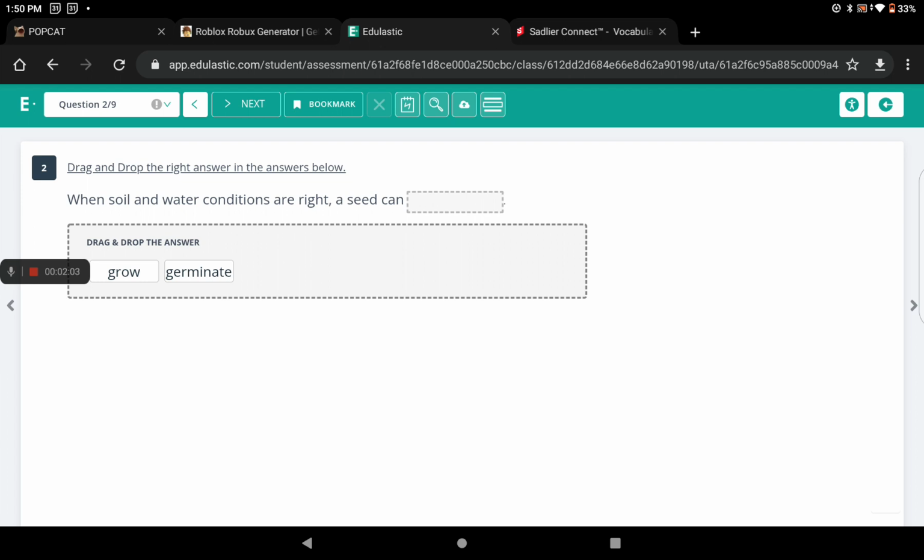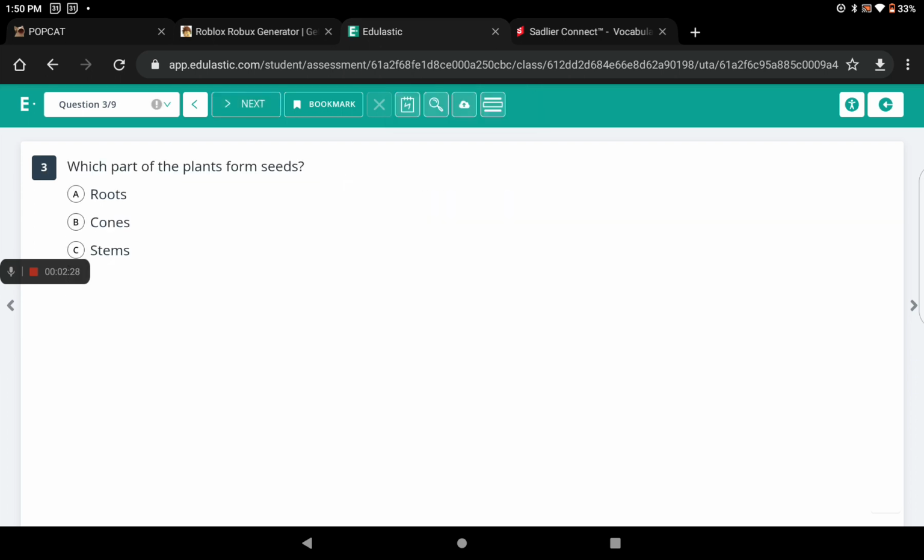Question 2. Here we have to drag and drop and find the word that completes the sentence the best. When soil and water conditions are right, a seed can grow or germinate. Please choose the correct answer.